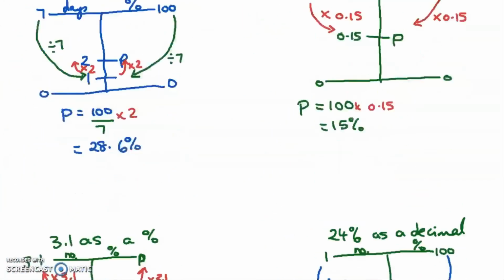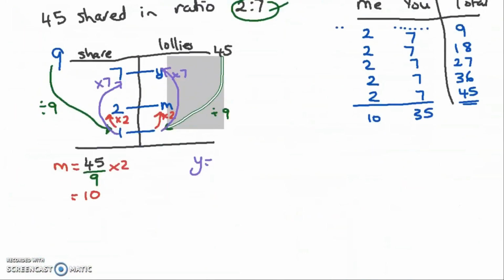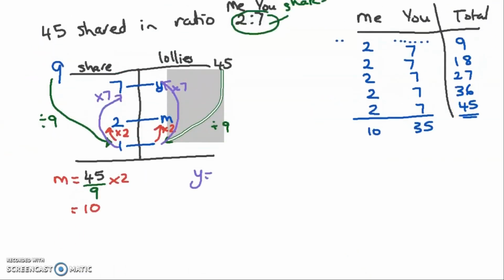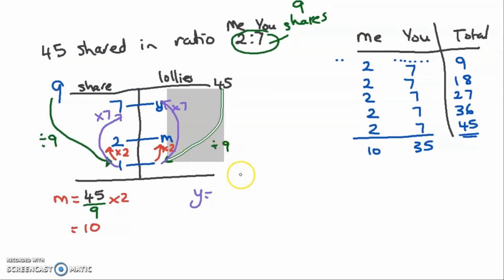So you had 45 divided by 9 and multiplied by 7, which gave you 35. My apologies for the jumping screen.